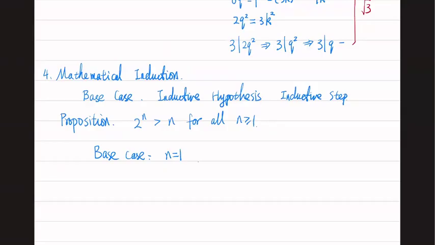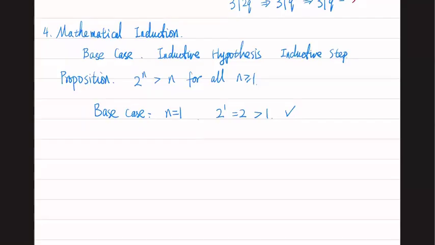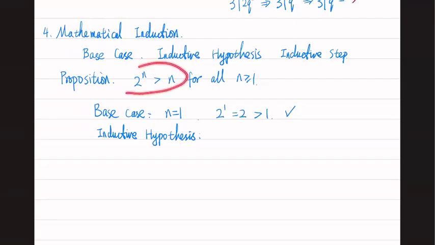N equals 1, 2 to the 1 equals 2. It's bigger than 1. Okay, very easy. Then the inductive hypothesis. We assume this is true for n equals k.